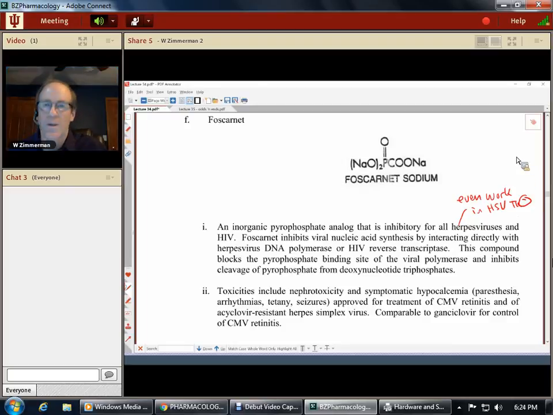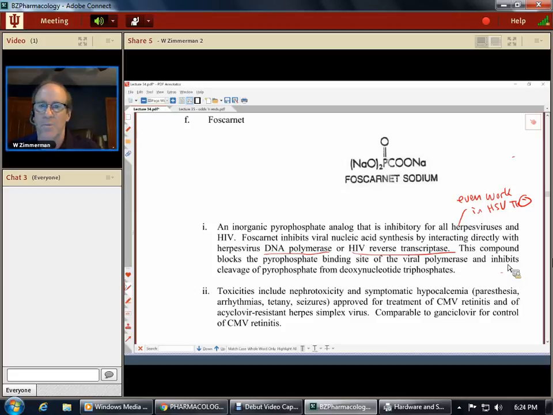So it doesn't depend on that thymidine kinase, in other words. It inhibits nucleic acid synthesis by interacting directly with the polymerases, with the herpes DNA polymerase or the HIV reverse transcriptase.